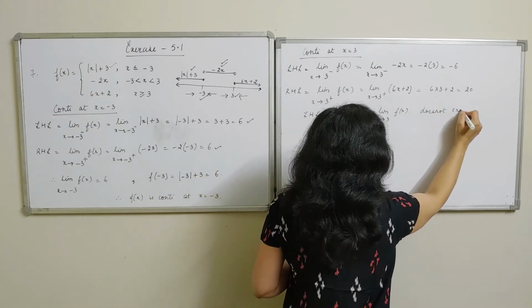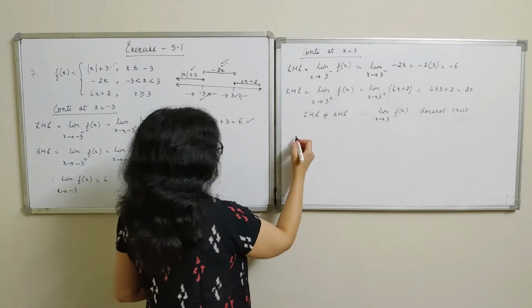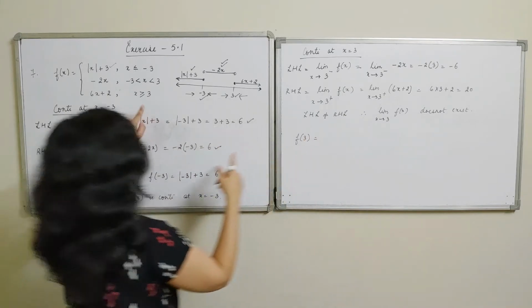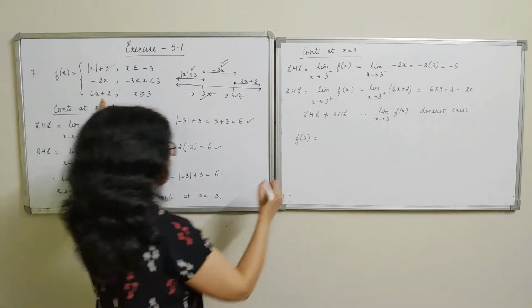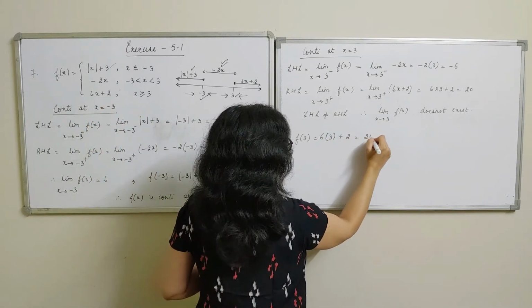Now the limit does not exist clearly indicates that the function is not continuous. But if you want, you can also find out the value of the function at the point 3. Once again, whenever x is 3, the function is defined as 6x plus 2, which is 20.